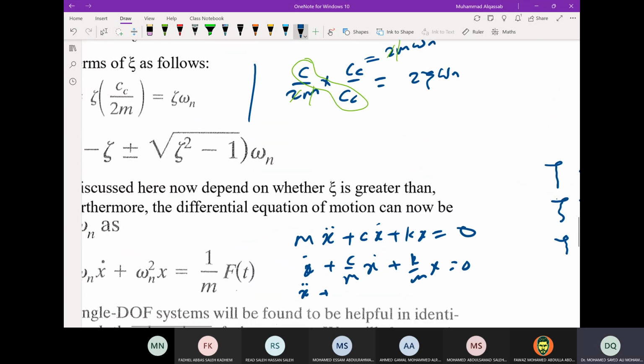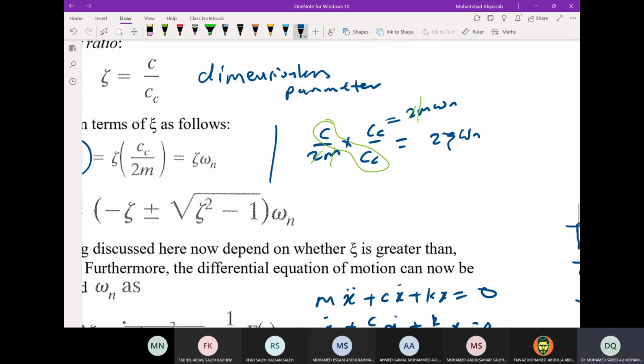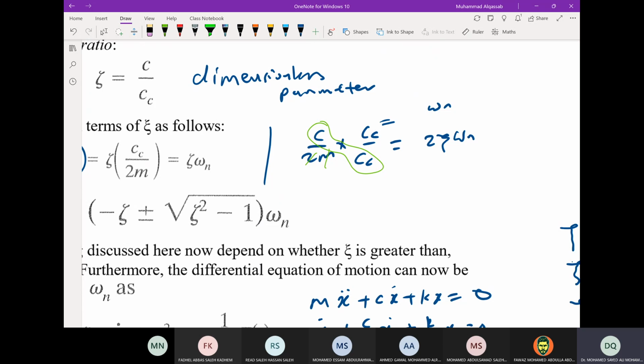There is no extra 2 here, right? 2 and 2 cancel out, so this will be only zeta omega n.